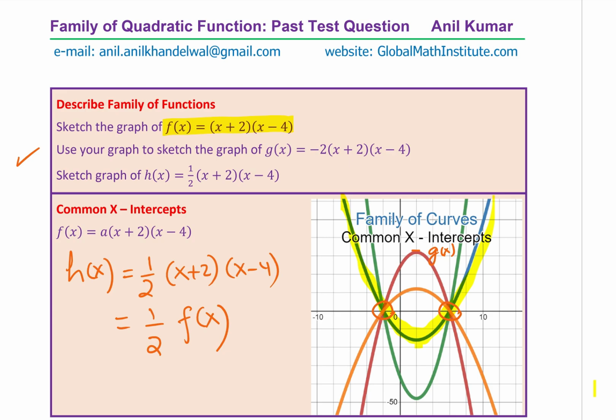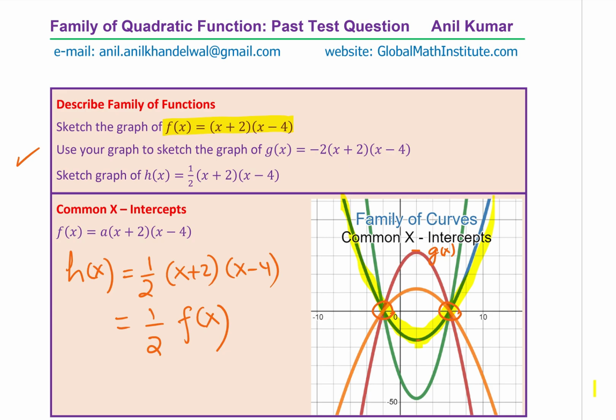So the function which has been compressed in this particular case with half the value will be what? What we can do now is bring all the points to half the distance from the axis, right?